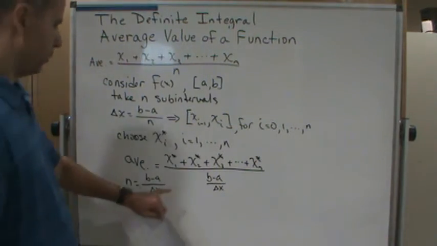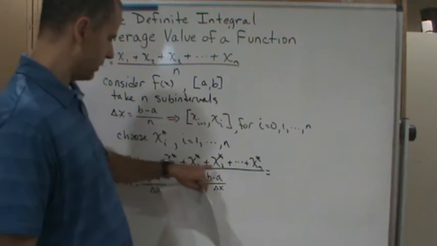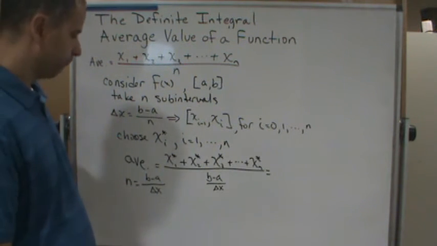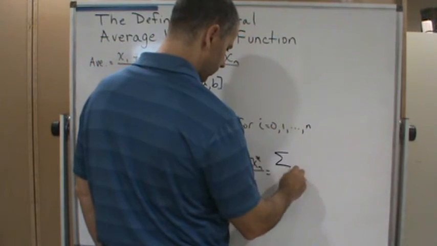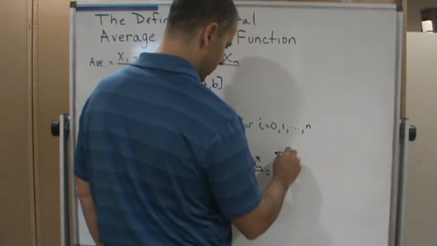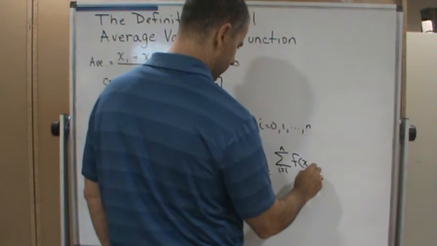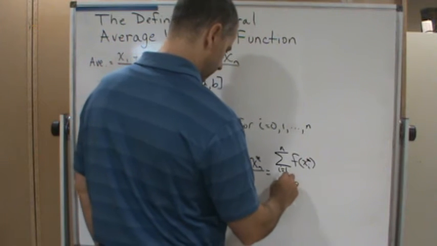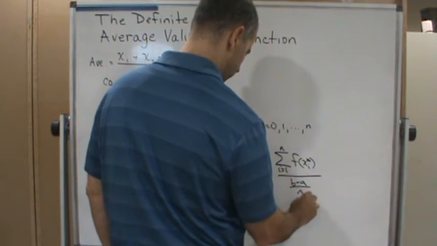And so now I'm going to simplify this a little more, because all of this is just the summation of f of x of i, right? So I'm going to write this as a summation for i equals 1 to n of f of x of i star, divided by b minus a over delta x.